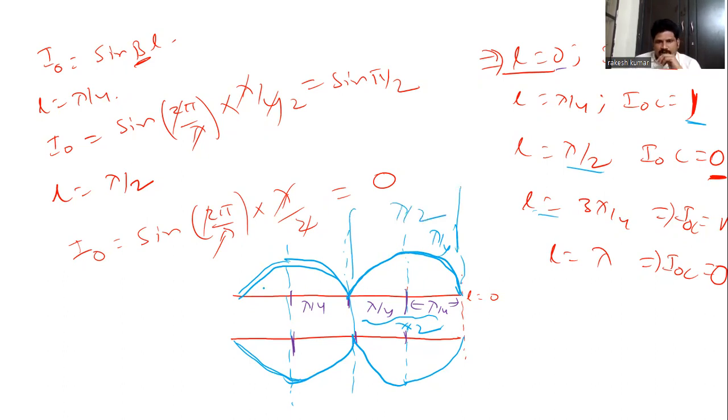For example, this is a pair of transmission lines. I can once again draw here. This is my one transmission line. This is my other transmission line.